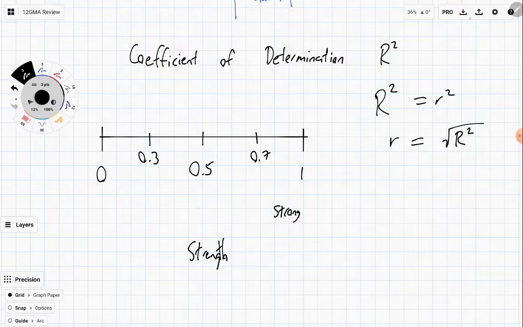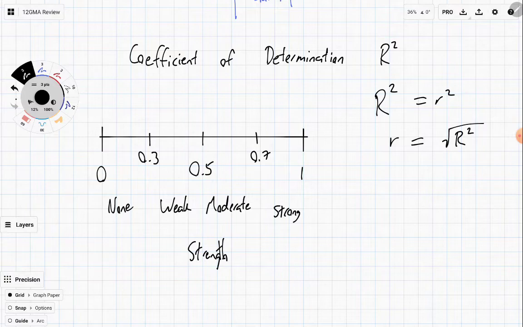Okay, so it's slightly different. 0 to 0.3 is none, 0.3 to 0.5 is weak, 0.5 to 0.7 is moderate, and strong is 0.7 to 1. So it's slightly different than the other scale, but generally speaking, it'll be fairly clear which it's going to be, based on both the graph and the number itself.